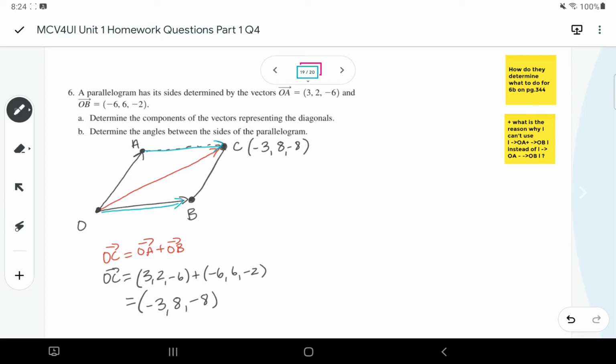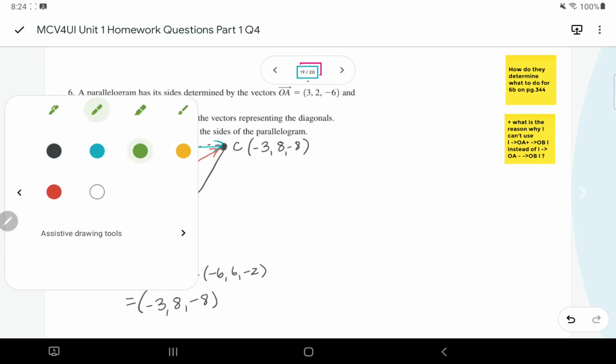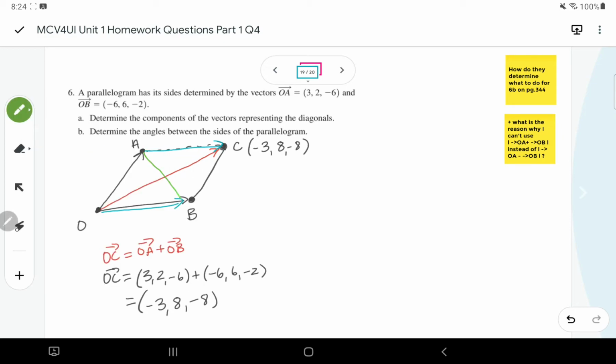And the other diagonal, I'll color code this differently here, would be vector AB. So vector AB, or you could do BA just as easily, will be from point B, which is negative 6, 6, 2, going from point A, so 3, 2, negative 6.